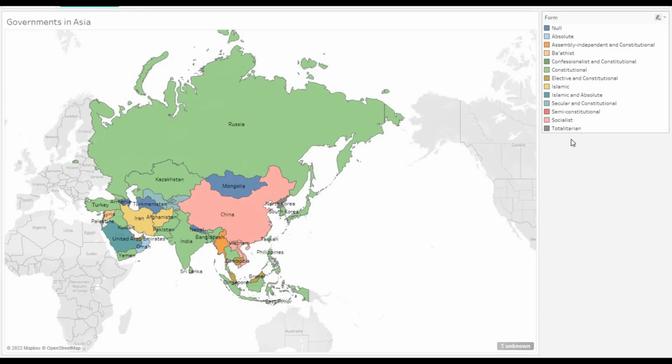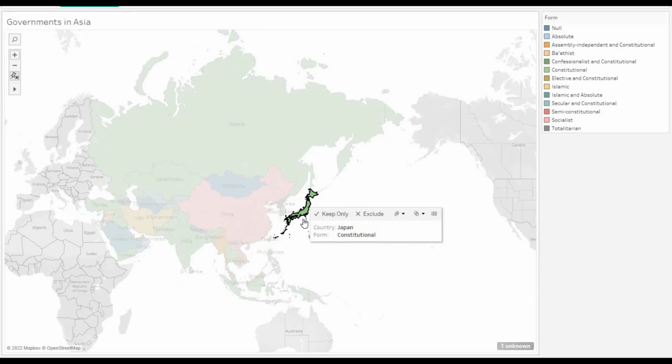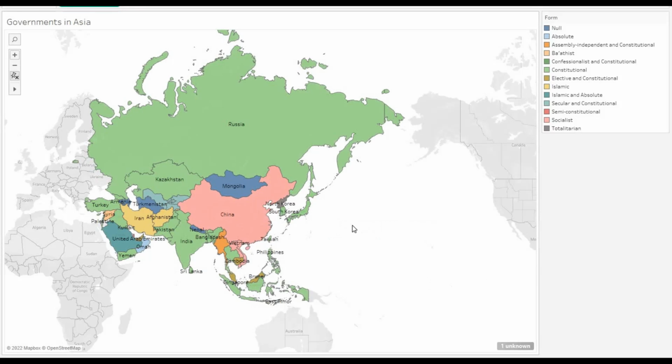Now, on the lines of monarchy itself, if we take the case of Japan, Japan has a monarchy, and here we see the form is constitutional. By this, it means Japan has a constitutional monarchy in place, and by constitutional monarchy, it means the monarch is the titular head of the country, but has to take decisions or function within the limits of the constitution.